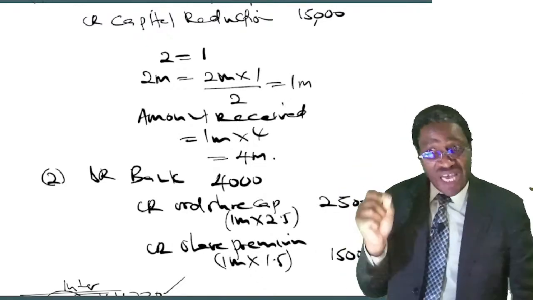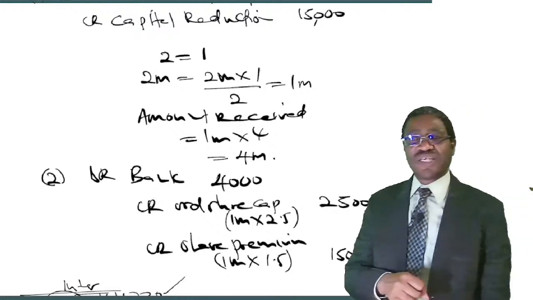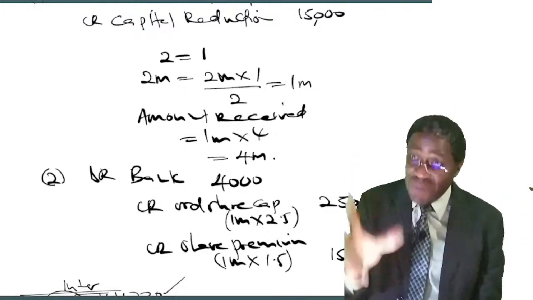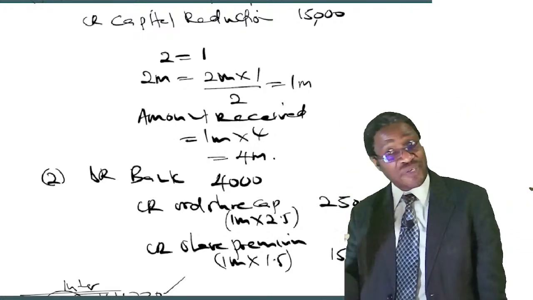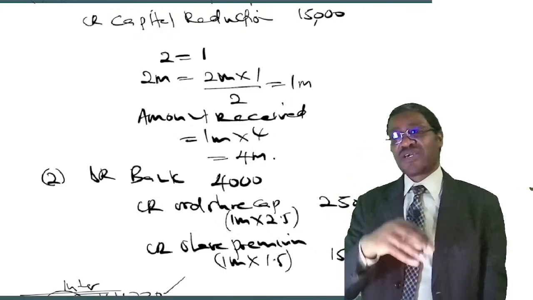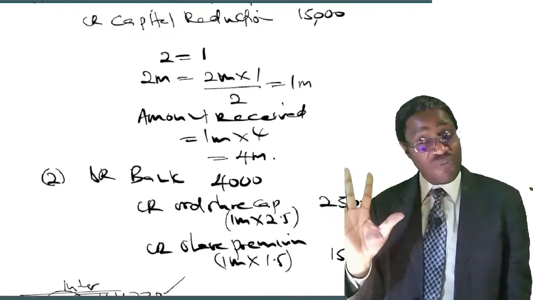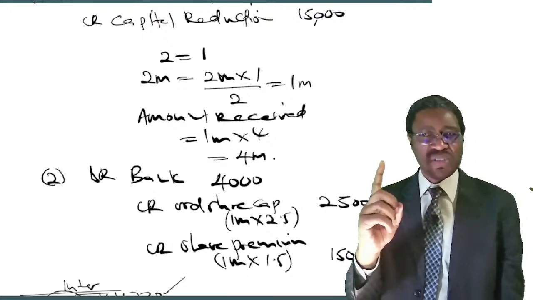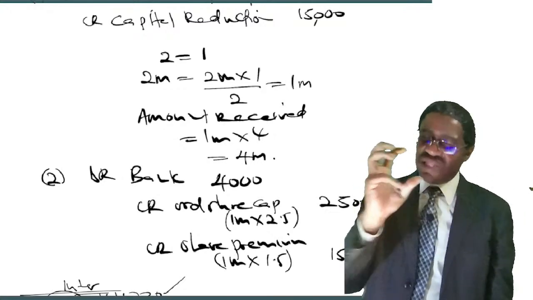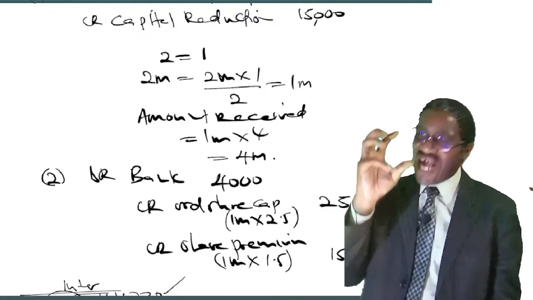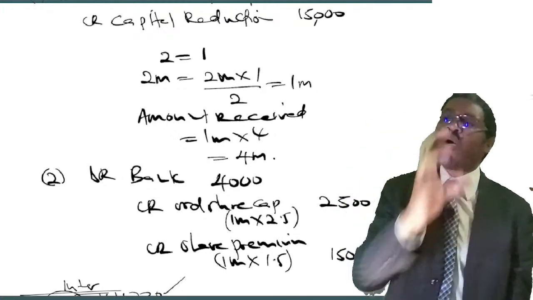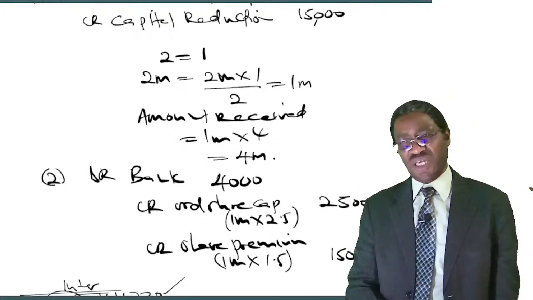So the tricky part there was the examiner wanted you just to come and say, debit bank, credit share capital. By how much? 4 million. But remember, these shares are being issued at a higher value than the par value.